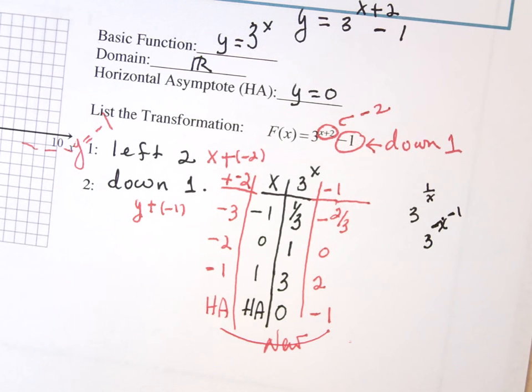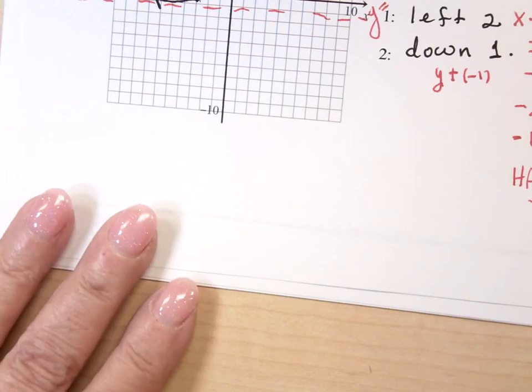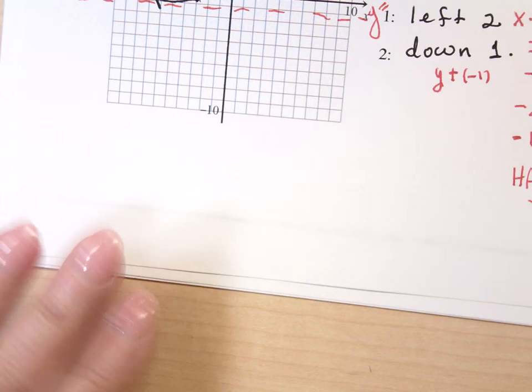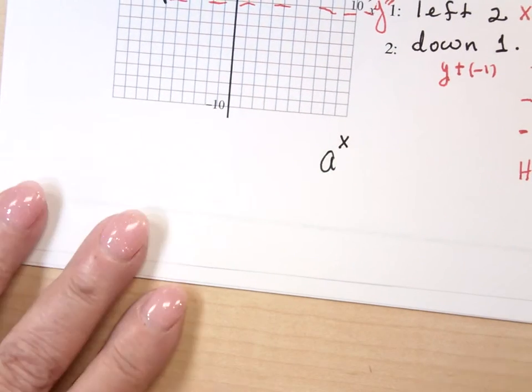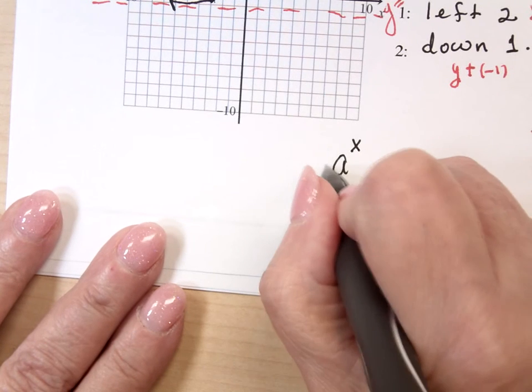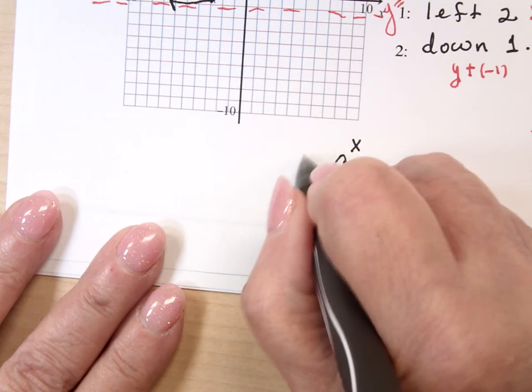Well, I'm just saying, I'm curious about understanding how these exponential functions graph, and if we transform by doing a plus or minus or whatever, we can't stretch an exponential function by dividing? No. Okay. Well, your exponential stretches and shrinks are going to be just like your stretches and shrinks on your regular function. So in other words, if I have a to the x, that's your basic. If I'm going to stretch or shrink it on the outside, I'm going to multiply by some constant.